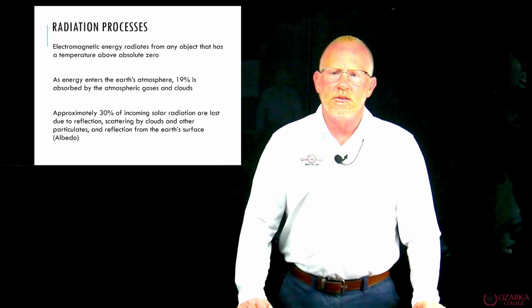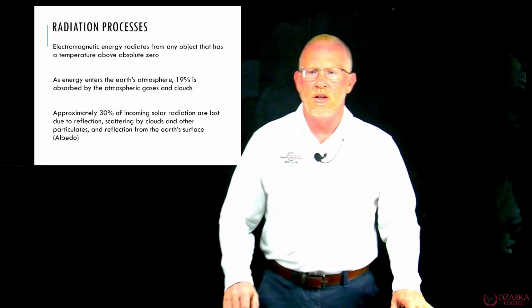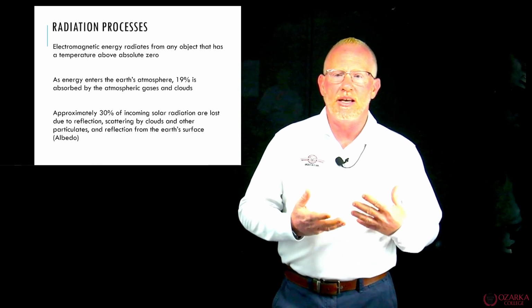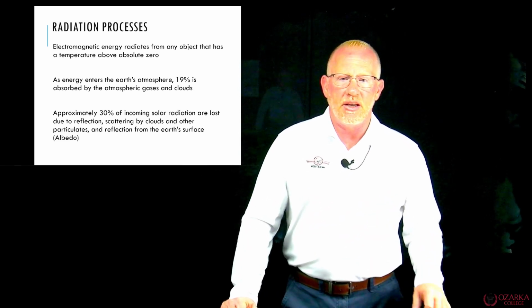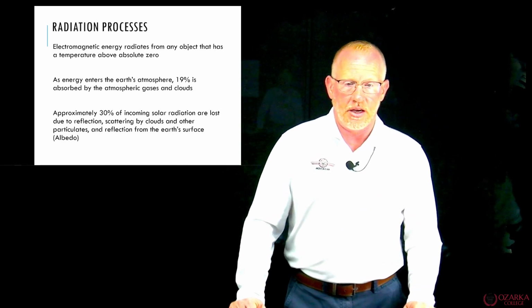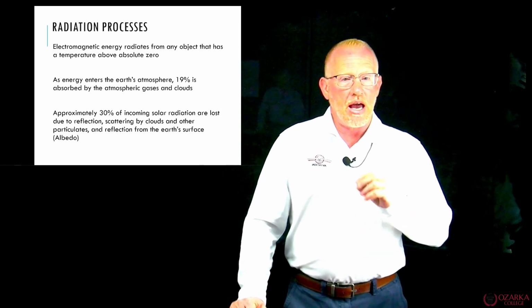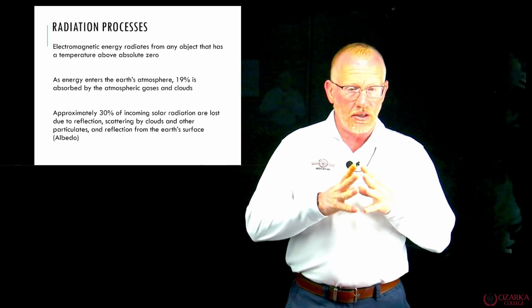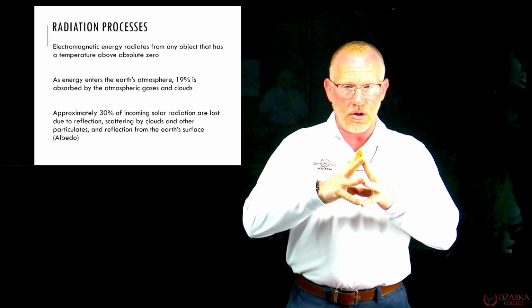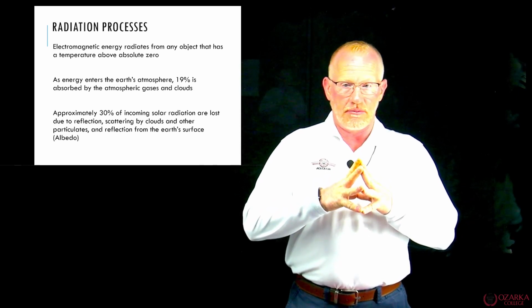Now, let's talk about radiation. The radiation process happens by electromagnetic energy radiating from any object that has a temperature above absolute zero. Okay, because what happens at absolute zero? Absolute zero is the point where all molecular motion ceases. So if there's no molecular motion, you cannot have radiation.